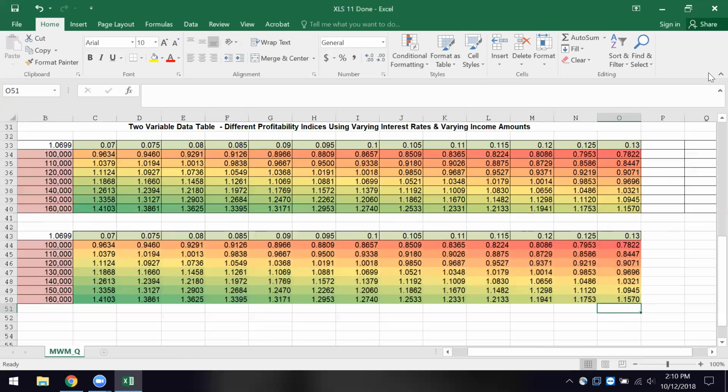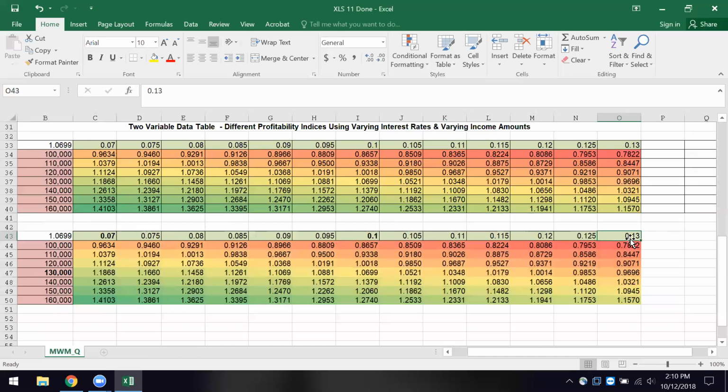So I can say, if I wanted to, I could highlight this as a base assumption. Okay. And here's my best case scenario in terms of discount rate.